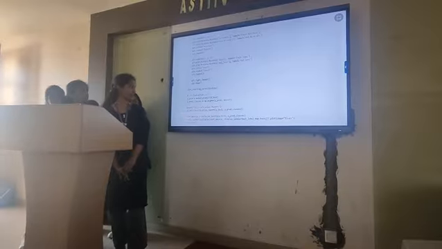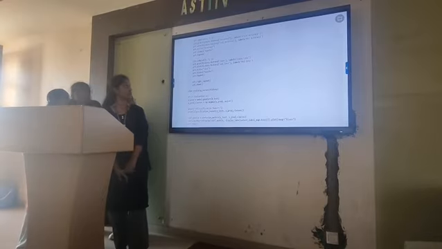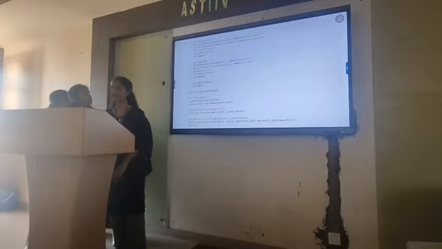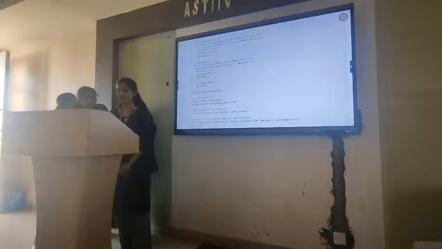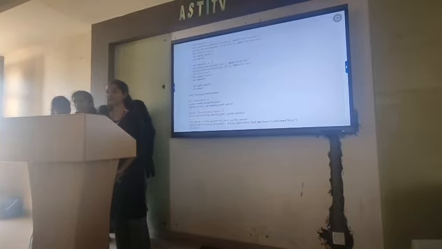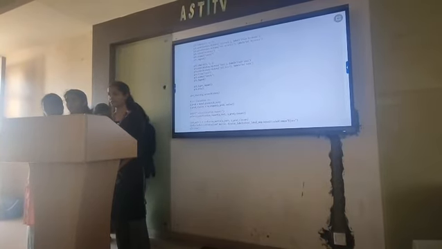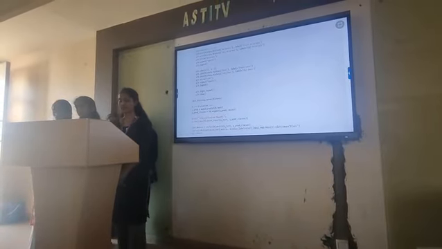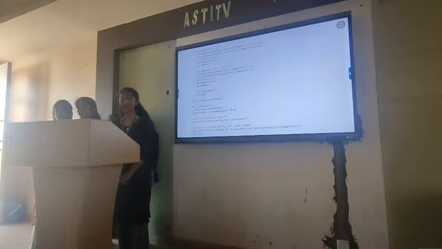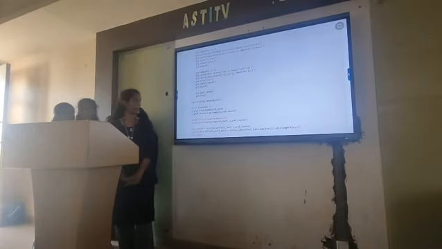Then the model evaluation. What is the accuracy? Accuracy versus loss. Epochs are iterations. It helps with overfitting and making predictions.